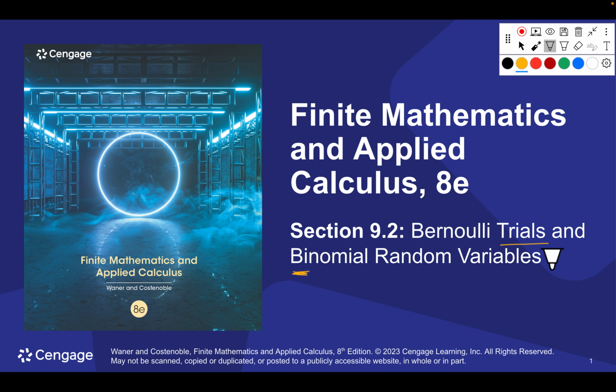Maybe 2 times, maybe 3 times, maybe 100 times. That's what Bernoulli trials refers to, how many times we do that little experiment, how many times we flip the coin. So all that's going on here is we're repeatedly doing a probability experiment, and the probability experiment always has an outcome of either pass or fail.